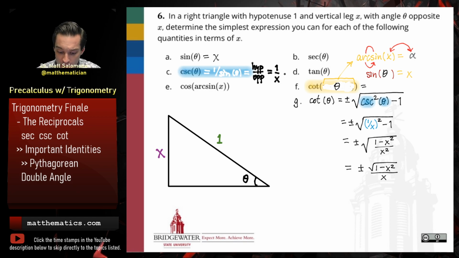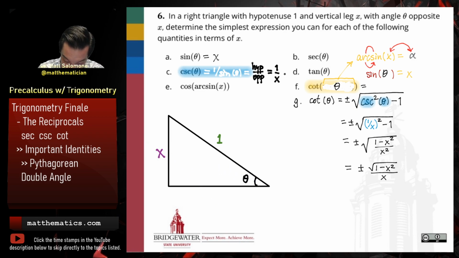We may be able to resolve this question about the plus or minus sign, by the way, because would we expect for an angle theta inside of a right triangle to have a positive cotangent or a negative cotangent? Well, since cotangent and tangent are just reciprocals, they're going to have the same sign as one another. So if the tangent is positive, so is the cotangent. If the tangent is negative, so is the cotangent. But the tangent of an angle in a right triangle is nothing more than the ratio of opposite divided by adjacent.